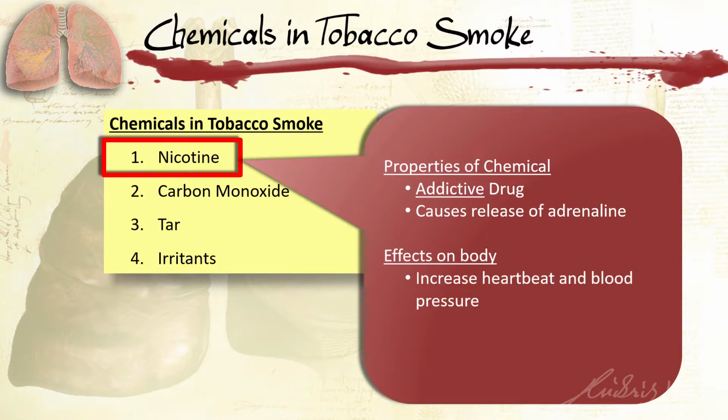The effect adrenaline has on the body is that it increases the heartbeat as well as blood pressure. Another effect is it increases the risk of blood clotting in vessels, since adrenaline increases the rate of blood clotting.